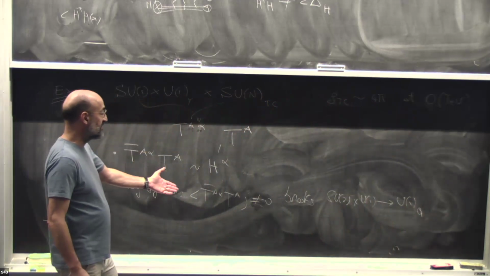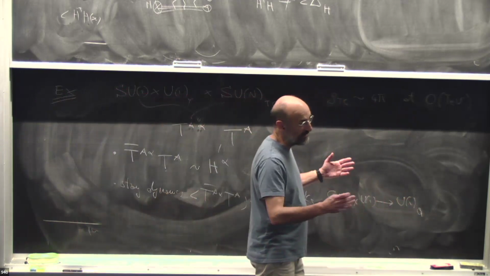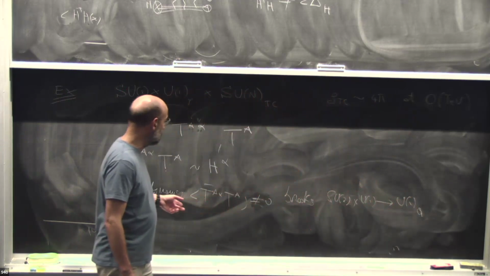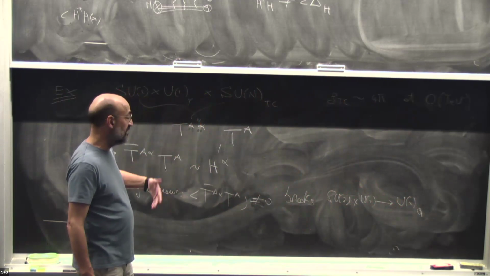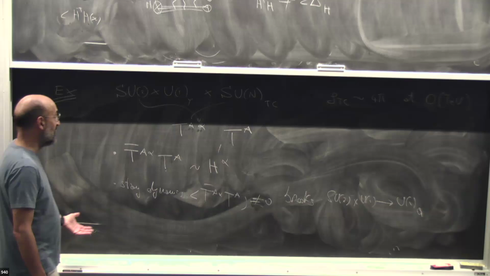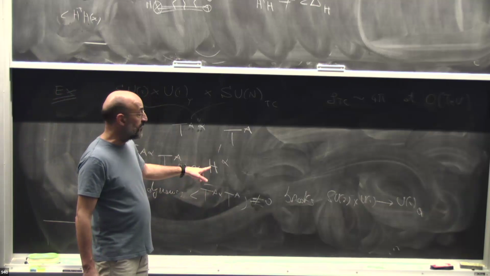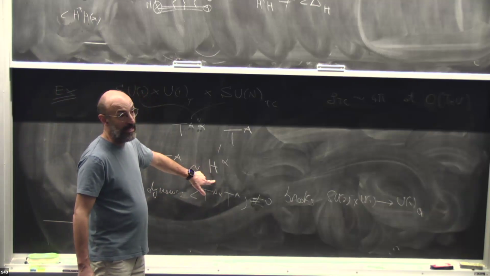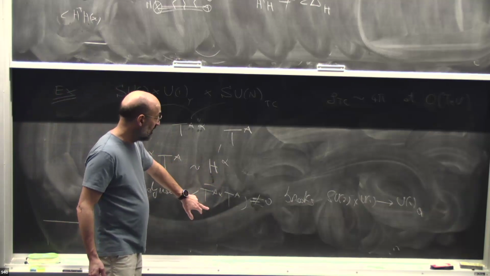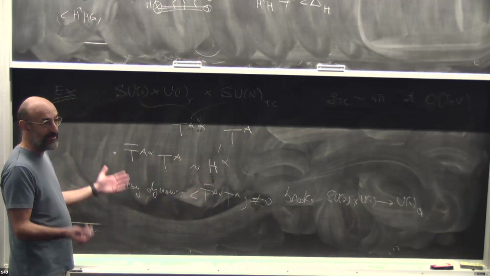This breaking, you're breaking 3 generators, generates 3 Goldstone bosons. The Goldstone bosons are eaten by the W and Z, which acquire a mass, and that's the same story as in the standard model. The only thing is that in this situation, the analog of the 4th component of the Higgs doublet that you have in the standard model, which remains like a light scalar particle, here is a composite, or in fact a very broad resonance.